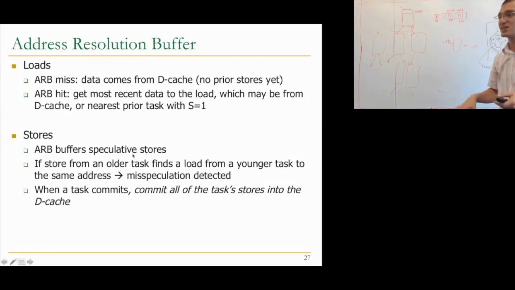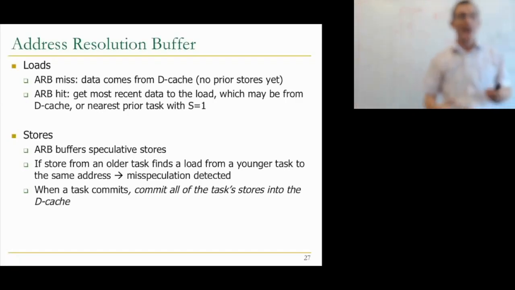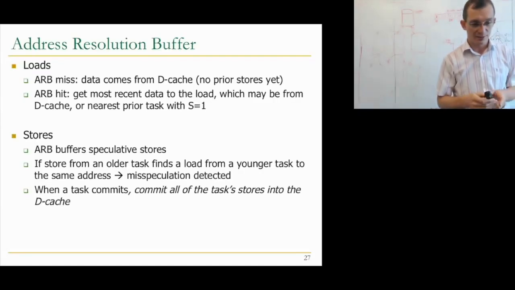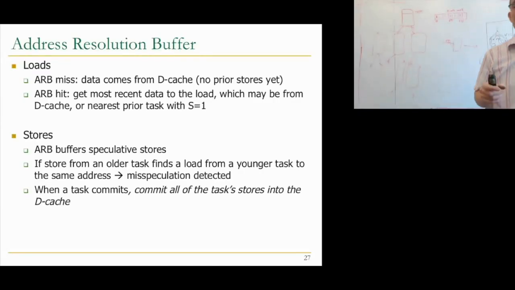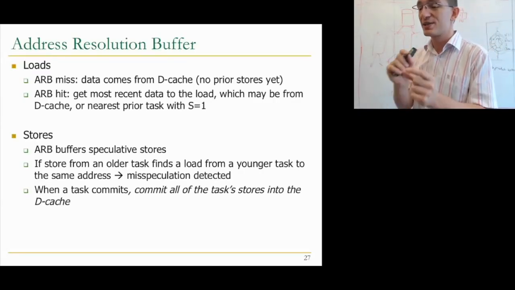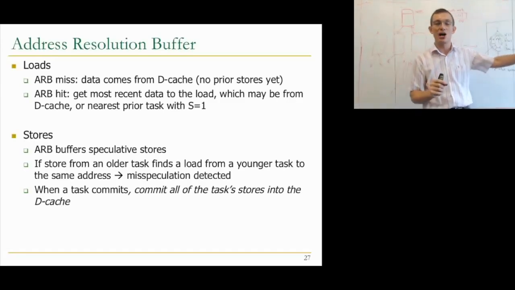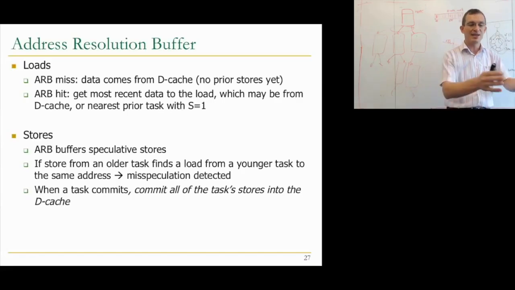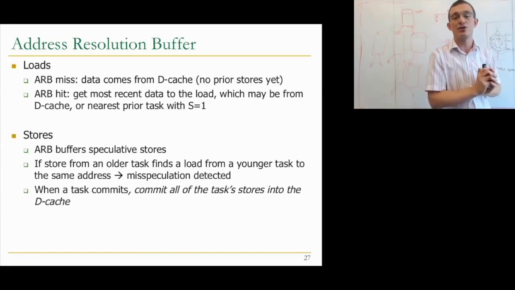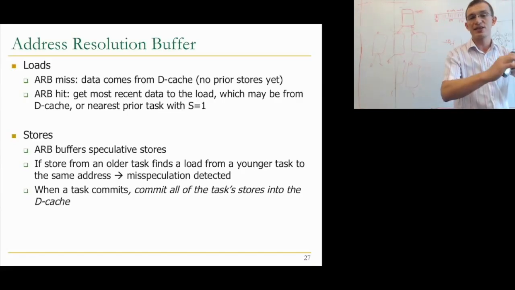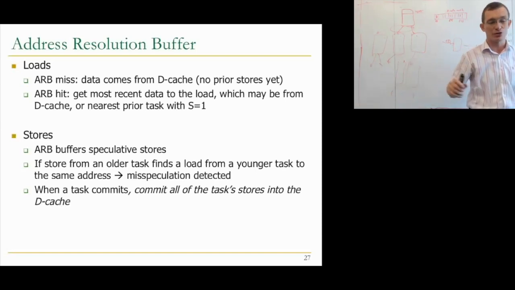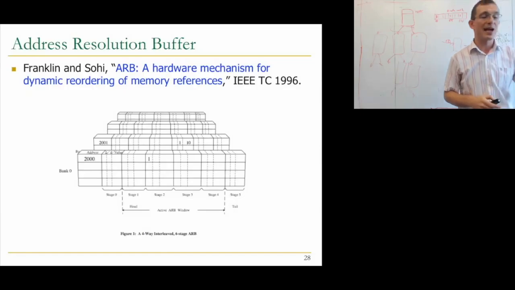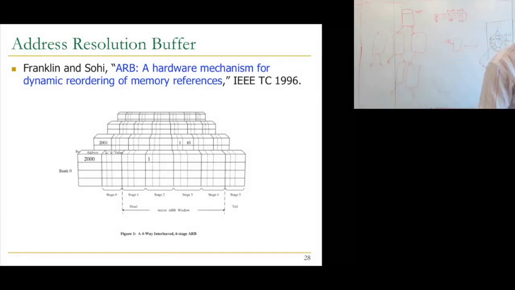And when a task commits, all of the task's stores are committed into the data cache from the address resolution buffer. This is very similar to the speculatively loaded and speculatively modified bits that we saw earlier with thread level speculation, right? It's essentially the same concept, except we're not doing this in the cache using the coherence protocol, but with a separate data structure called the address resolution buffer. If you'd like to learn more about it, you can take a look at this paper.